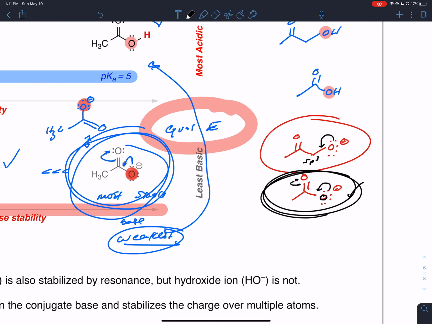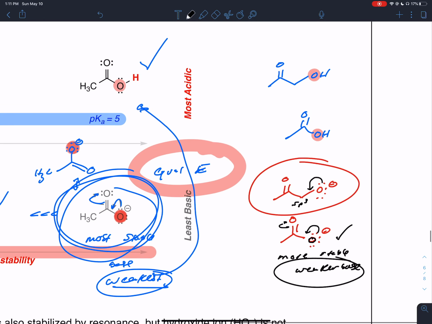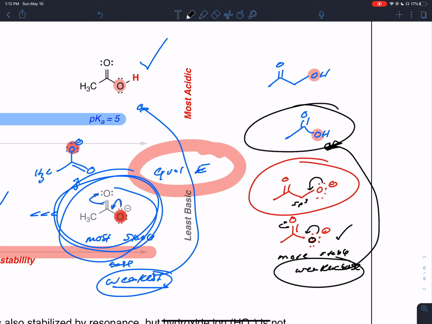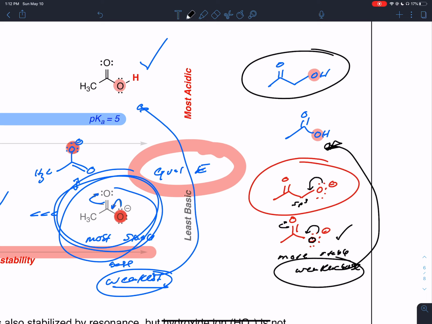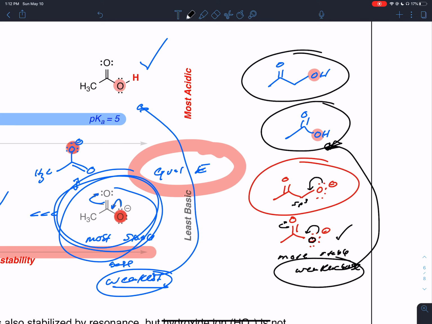Because there is resonance stabilization of that negative charge, that means that negative charge is more stable. If this is more stable, this is a weaker base. If this is a weaker base, then its conjugate acid is the more acidic acid in that comparison, okay? That's really important. So this acid is a weaker acid than this acid. Stronger acid, weaker acid.